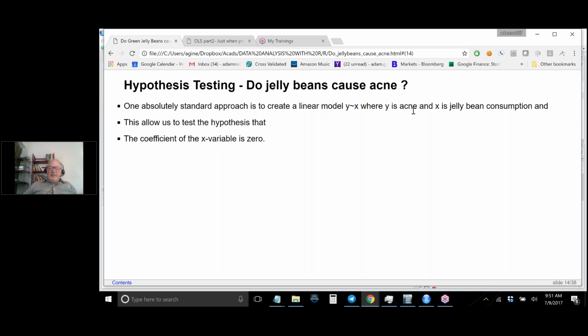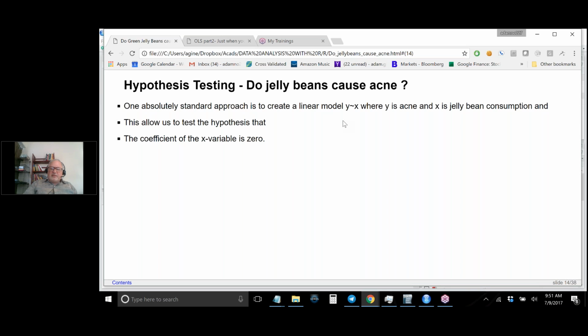And we're going to test the hypothesis that the coefficient of x, the count, is not 0. If that coefficient is non-zero, that means, well, it might and might not be non-zero, I don't want to prejudge it, but the hypothesis testing is going to tell us the probability that the x coefficient really is 0.